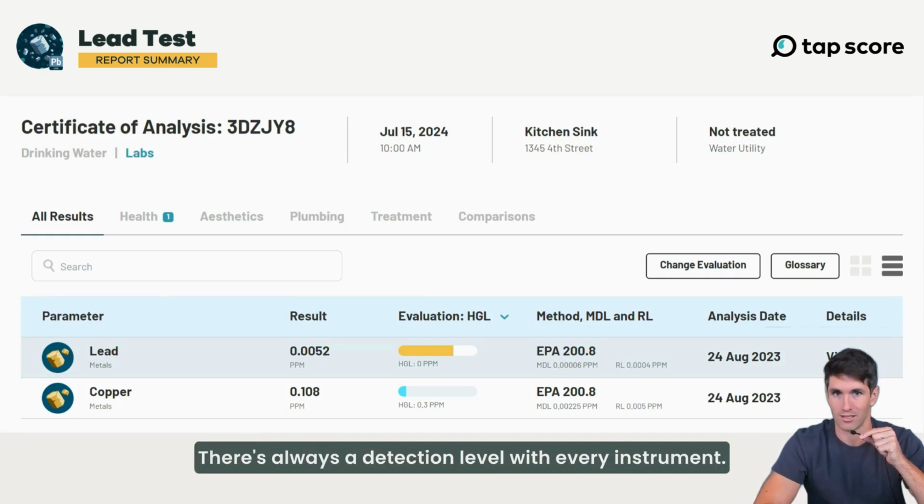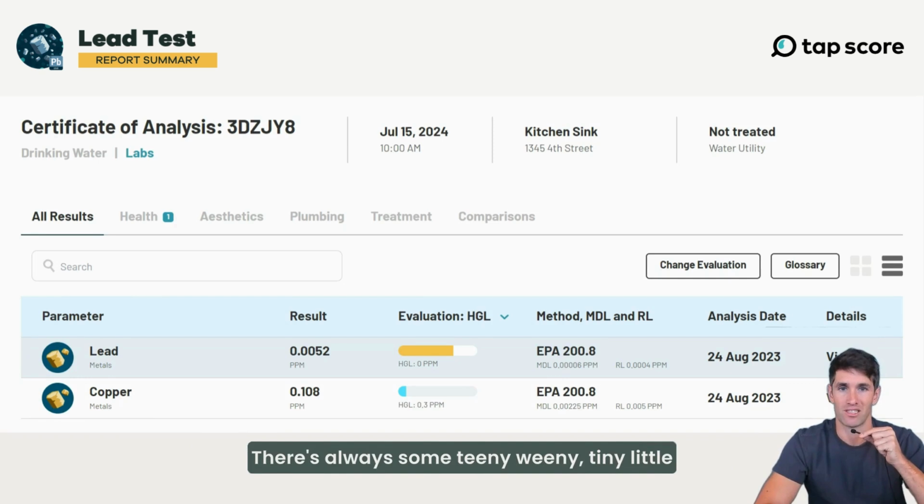There's always a detection level with every instrument. There's always some teeny weeny tiny little concentration you cannot see below, because there are just limits to engineering and science. And fortunately, these limits are so low, you can more or less assume these values are close to 0.